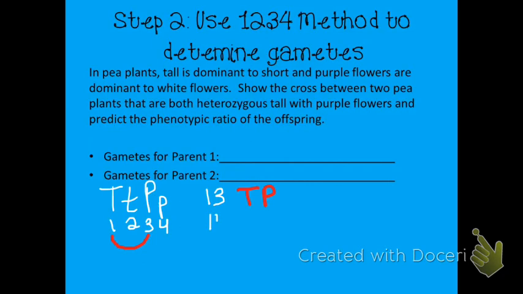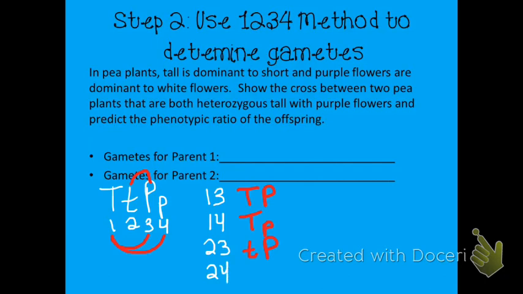Next, we're going to put 1 and 4 together. When we put 1 and 4 together, that gives us capital T, lowercase p. The next step is to put 2 and 3 together. When we put 2 and 3 together, that gives us a lowercase t and a capital P. And then the last step is to put 2 and 4 together.